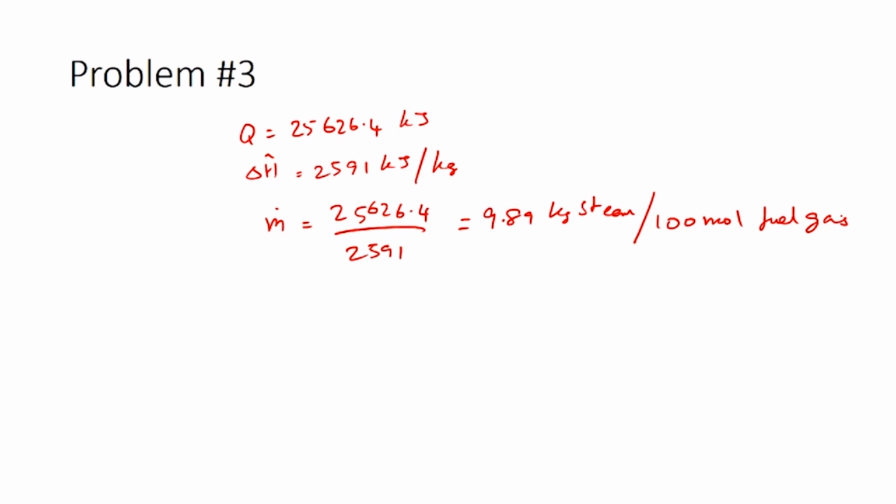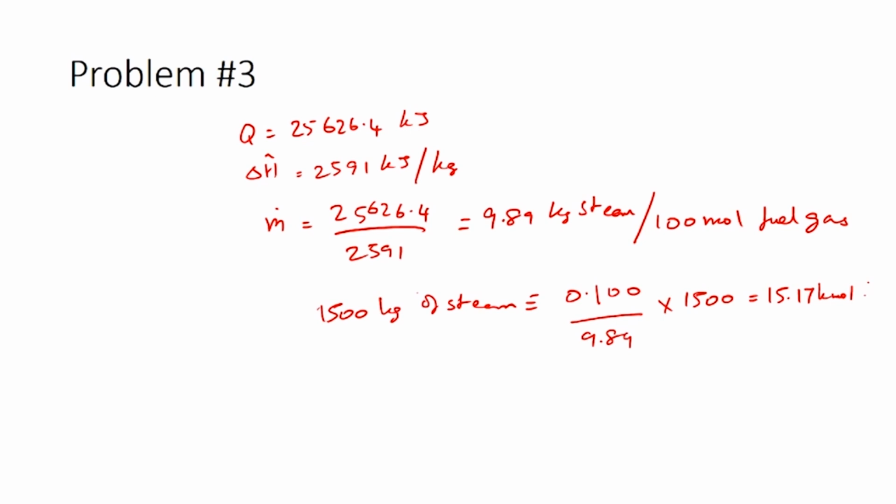So, to calculate the amount of fuel gas needed to produce 1500 kilograms of steam, we perform a simple calculation: 0.1, the number of kilomoles of fuel gas burnt, divided by 9.89, times 1500, giving us 15.17 kilomoles per hour.